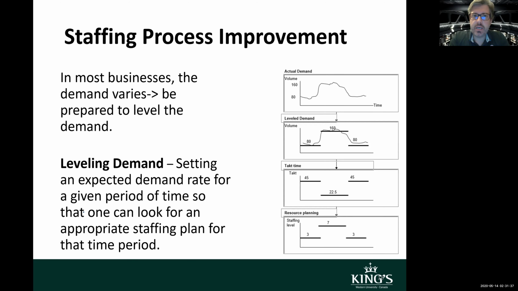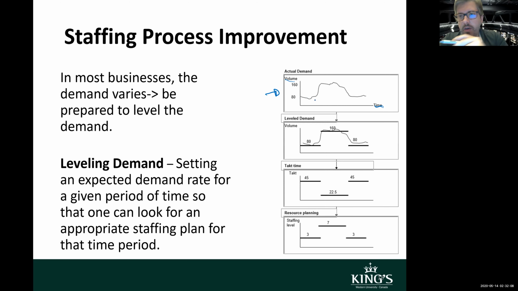So let's see, staffing process improvement. In most businesses, what we have today is that demand varies over time, right? So you need to be prepared to level the demand when that demand realizes. So look at this little graph here to the right, where on the x-axis I have time passing by, and on the y-axis I have volume of sales.